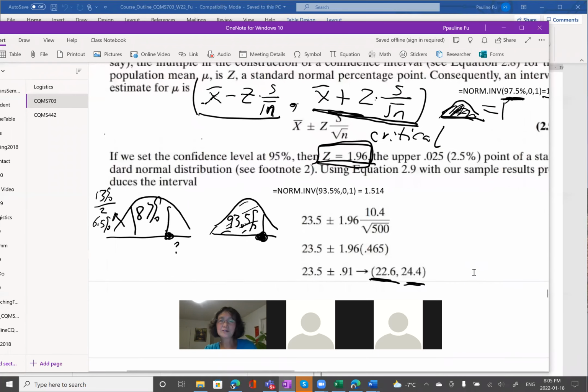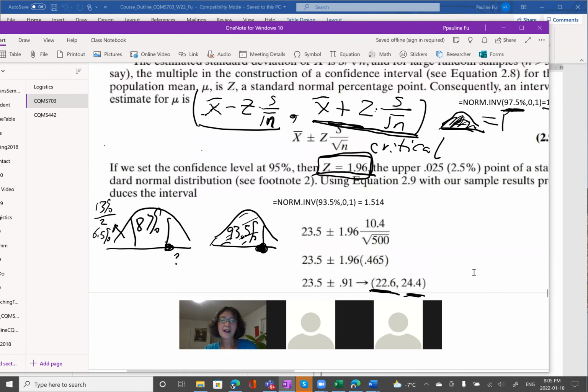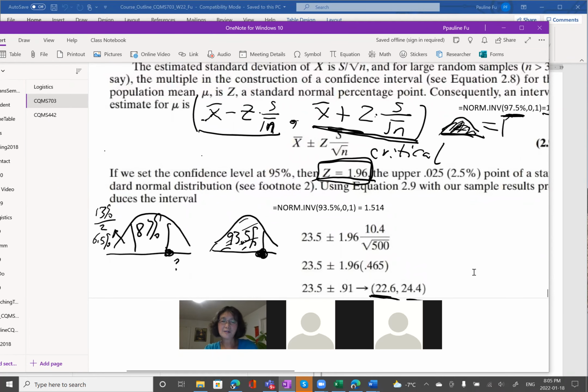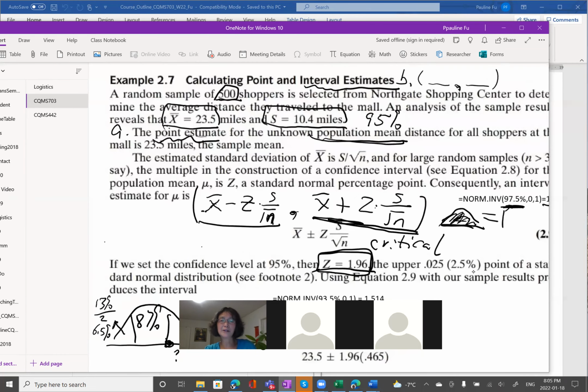So the final conclusion, what is the population average? The population average is between 22.6 miles and 24.4 miles. That is the interval estimate.